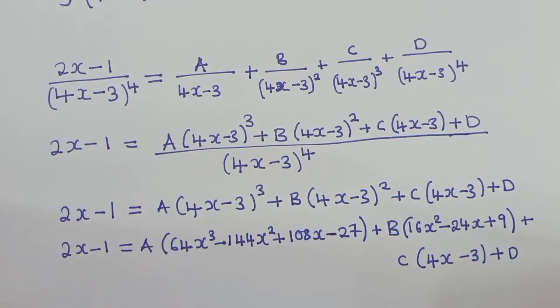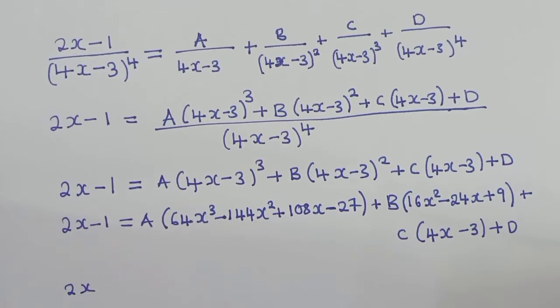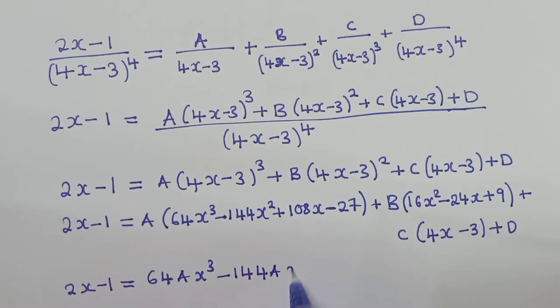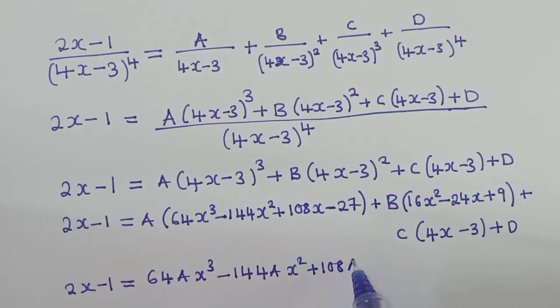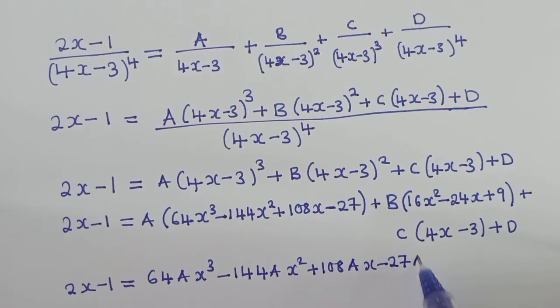Okay. So now we can distribute. So we shall have 2x minus 1 is equal to 64Ax power 3. This A, I'm trying to distribute it. So I have minus 144Ax squared plus 108Ax minus 27A. Okay.